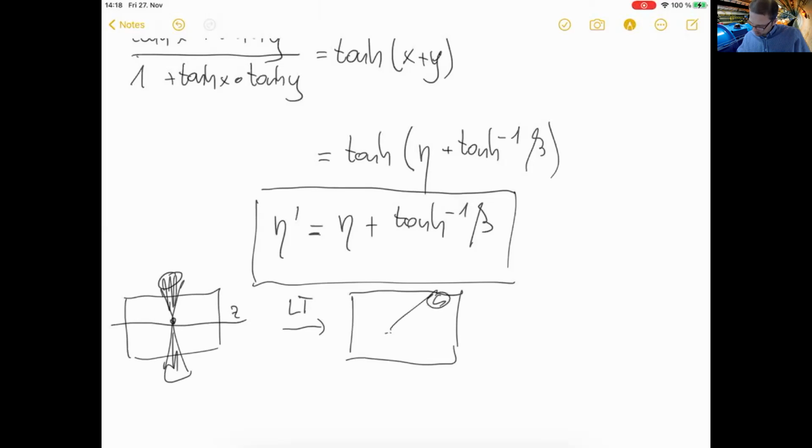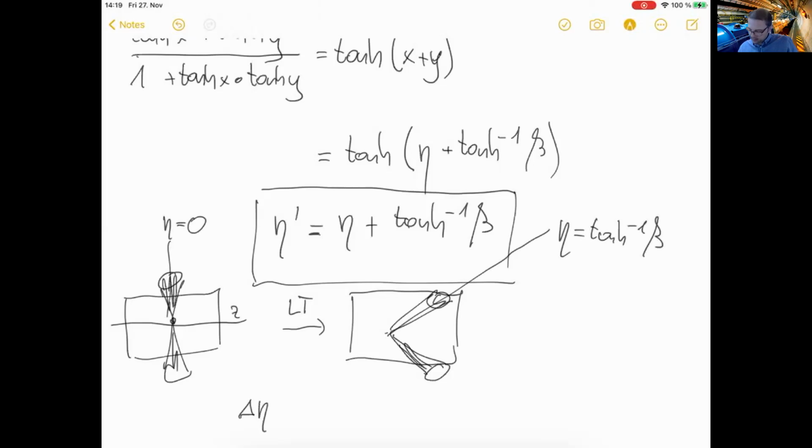There would be particles here and there would be particles here. So if this was at pseudo rapidity 0, this here would be at the pseudo rapidity of tangent hyperbolicus inverse of the speed I boosted with.